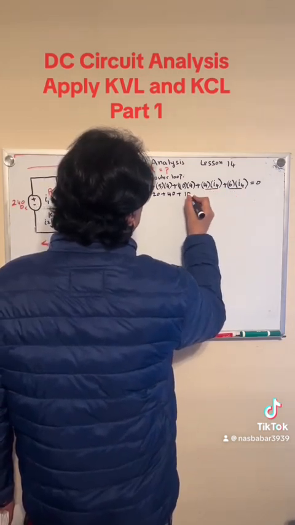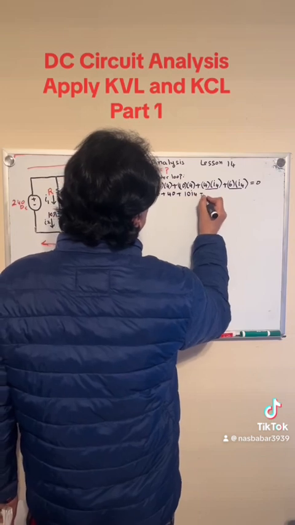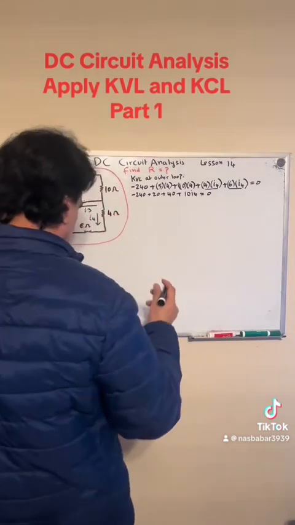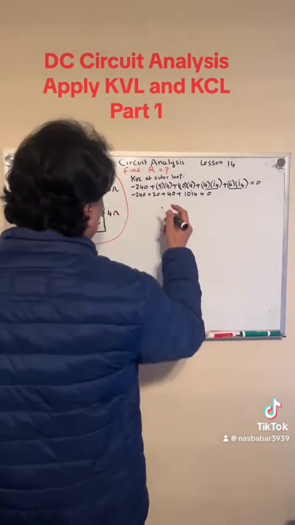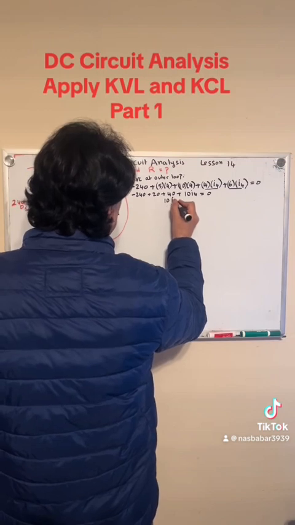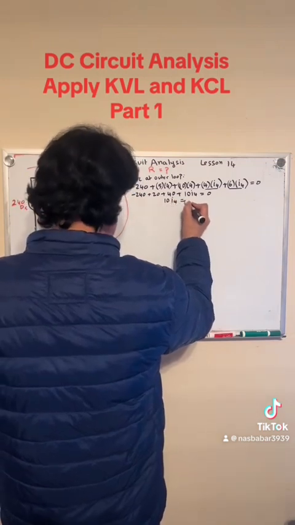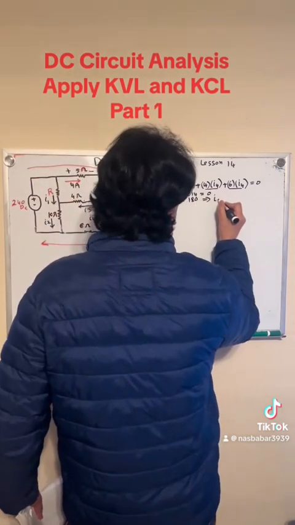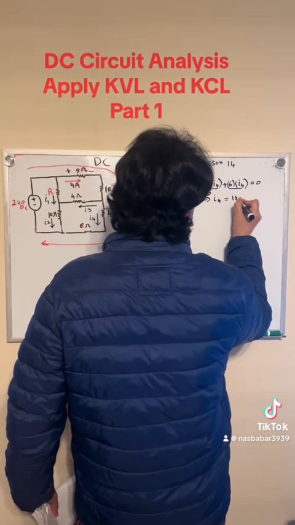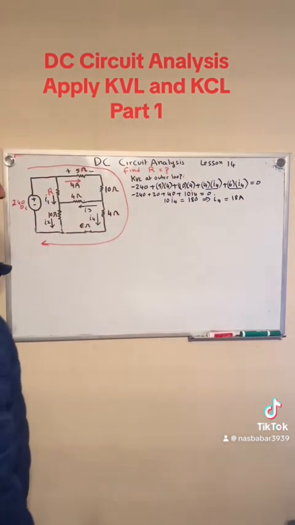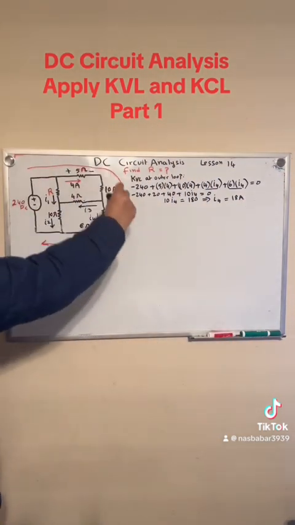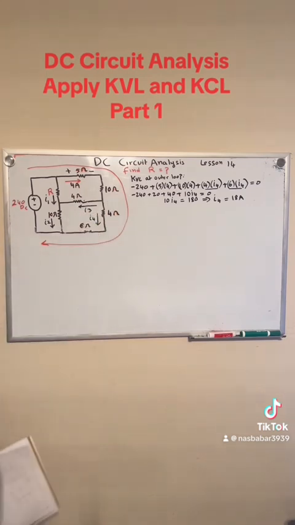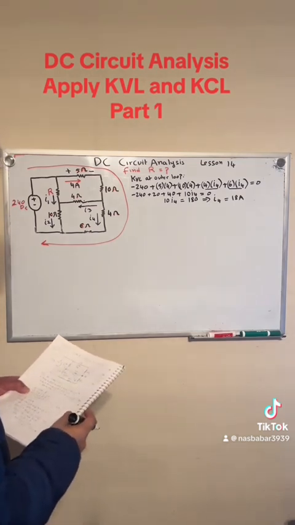That makes it 10 I4. So 10 I4 is equal to 180, and I4 would be equal to 18 amps. So we applied KVL at the outer loop and we were able to find this I4 current right here, but that's not enough. We need to do more.